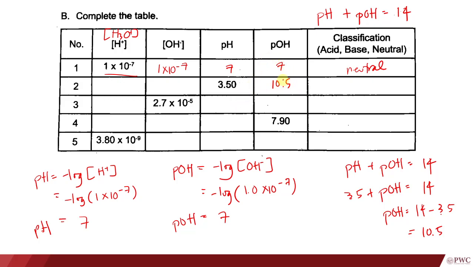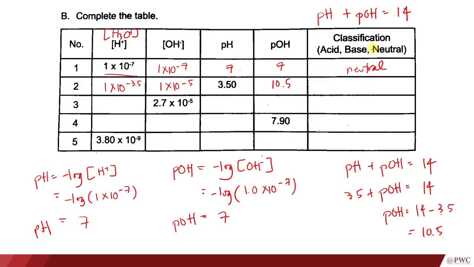We have the pH, then we have the pOH. Let's find the H plus concentration. It's easy, just follow this format. We have 1 times 10 to the power of negative 3.5. This is the H plus concentration. Then for the pOH, the same thing, 1 times 10 to the power of negative 10.5.